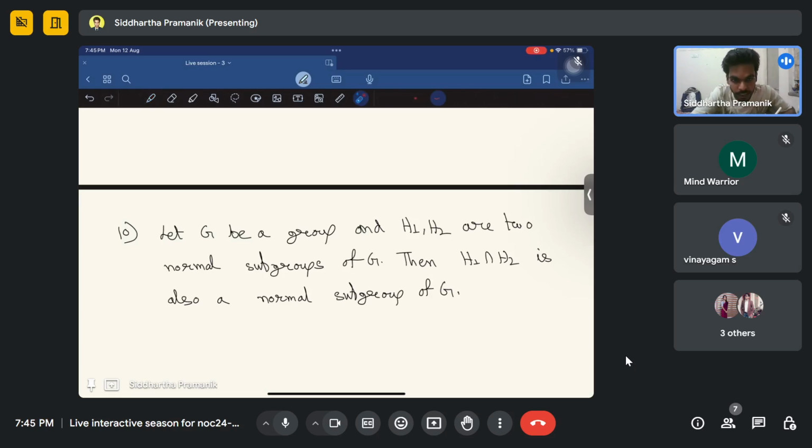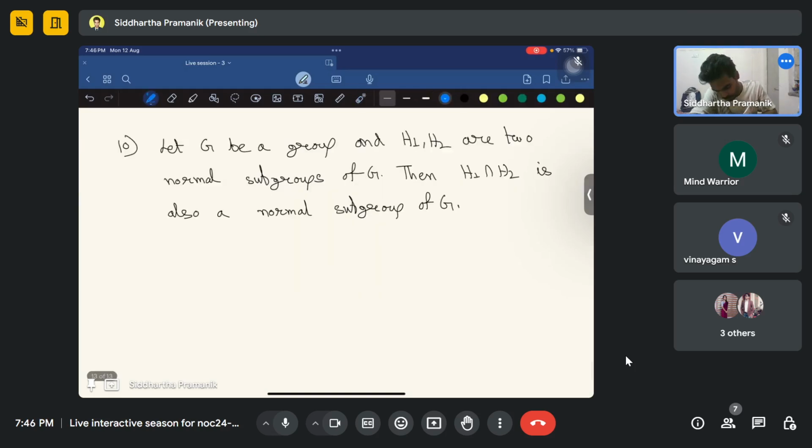Now we are claiming something more. The intersection of two normal subgroups is a normal subgroup.